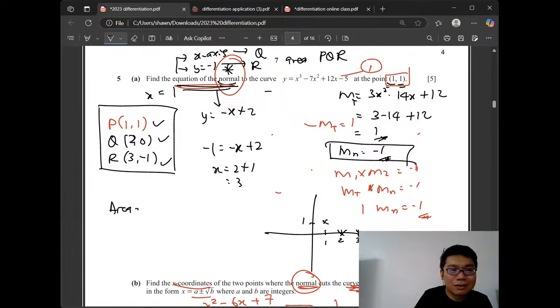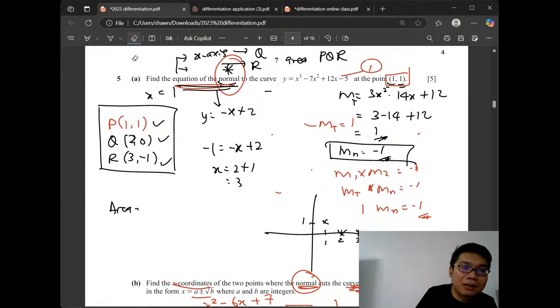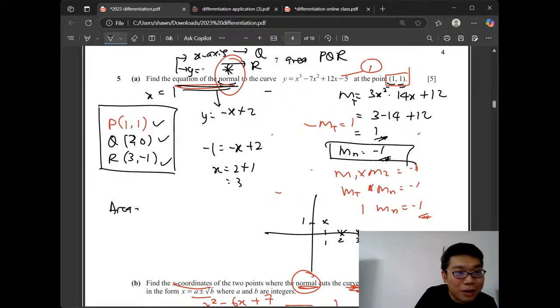Okay, I shouldn't choose this point. Let's say I choose y equals to... Wait, I need to amend this question a bit, because if not, it doesn't look like it will form a triangle.